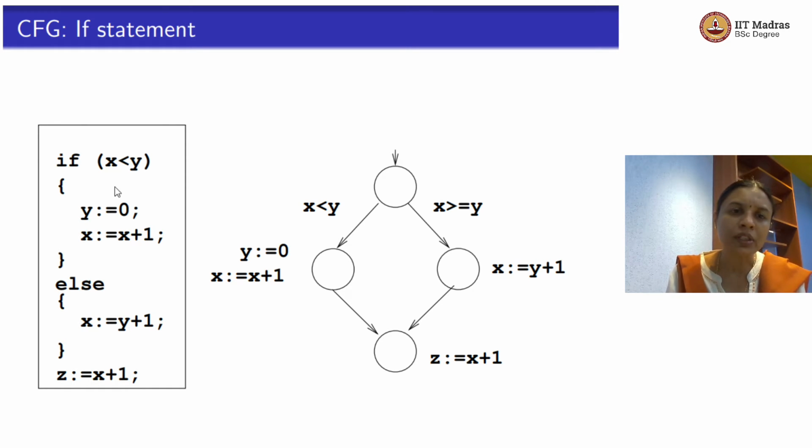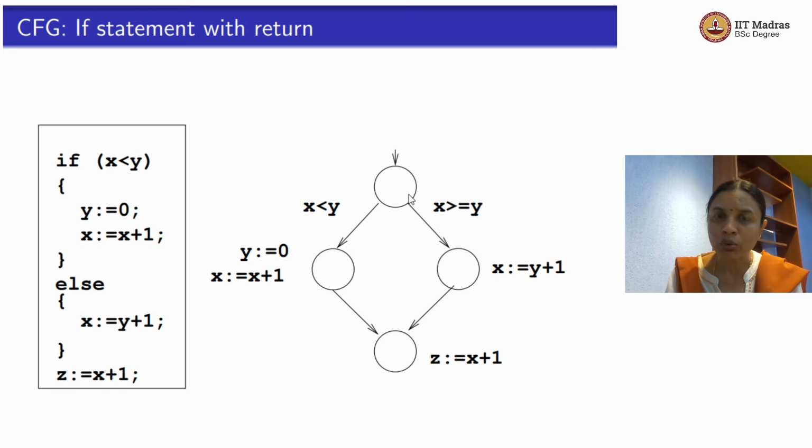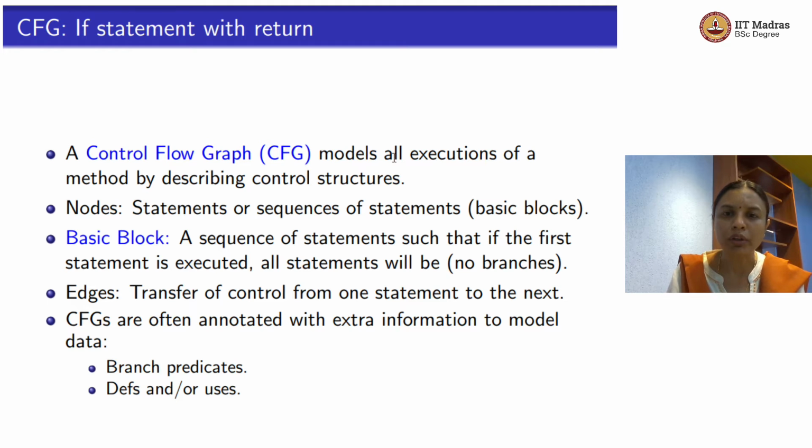So the code checks for this condition, executes one of these bunches of statements and goes to z is equal to x plus 1. The control flow graph also does the same thing. It starts from the initial node, based on the truth or falsity of the condition, executes this statement or this statement, and then goes to the last statement in the code. So this is what we mean by control flow graph models all the executions of the method describing the control structure. And edges represent transfer of control from one statement to the next.